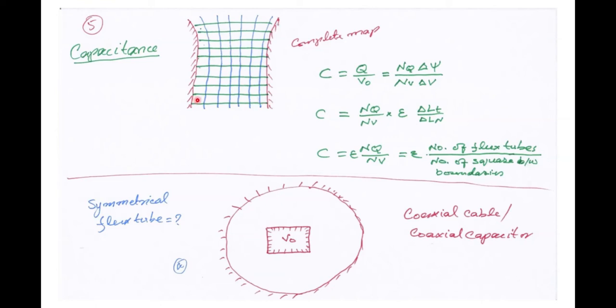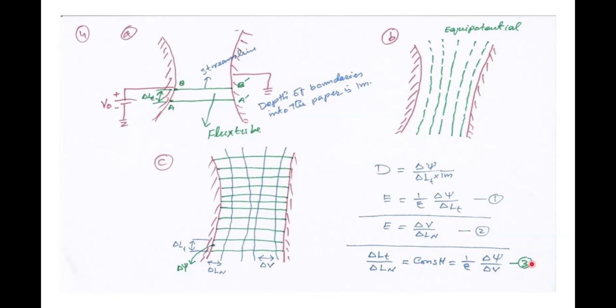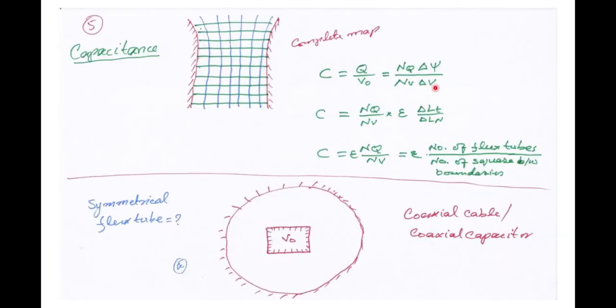That is, for example, 1, 2, 3, 4, 5, 6, 7. So in general, we represent this by NV times delta V. Delta V represents the constant potential difference between the equipotential surfaces. So using equation number 3, we can replace delta psi divided by delta V by epsilon times delta LT divided by delta Ln, which results in this relation.